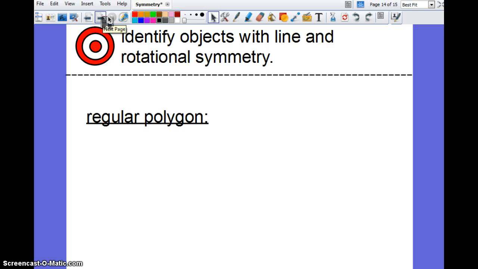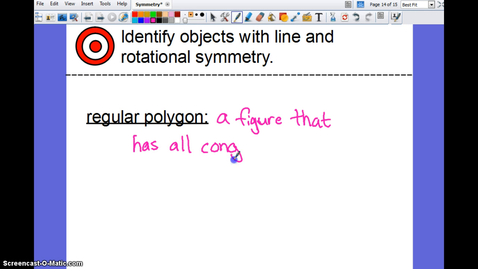All right. Just so you know, this is just a little teaser for what we're coming up on next. Okay, so regular polygon. A regular polygon is a polygon, a figure that has all congruent angles and all congruent sides.